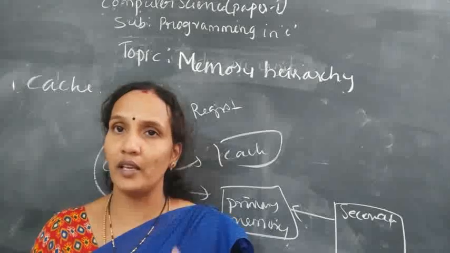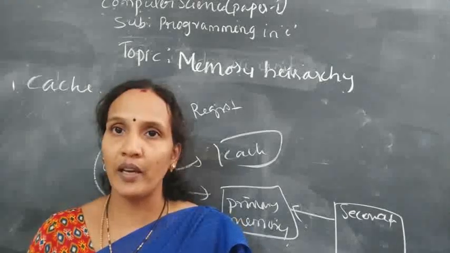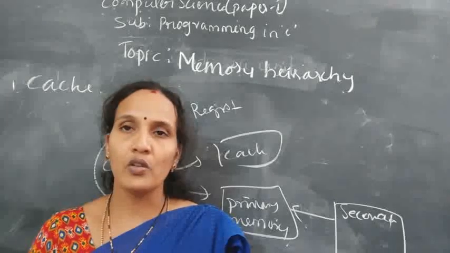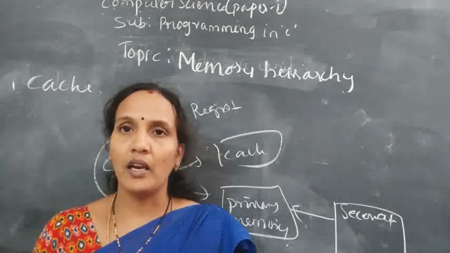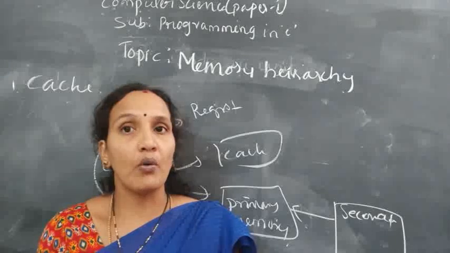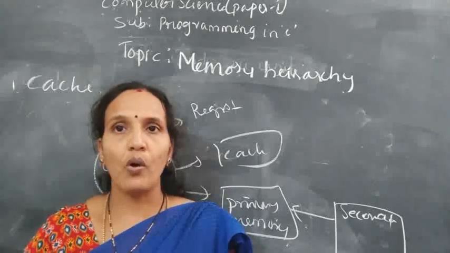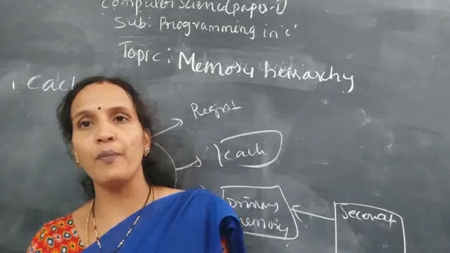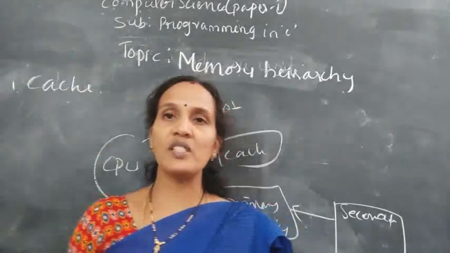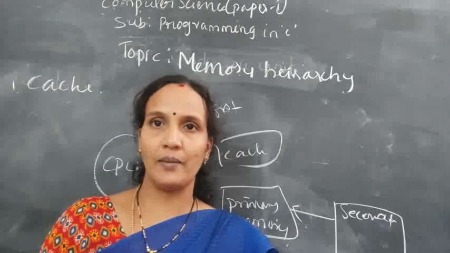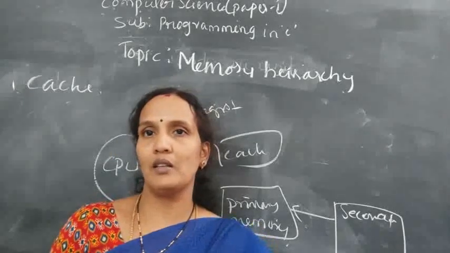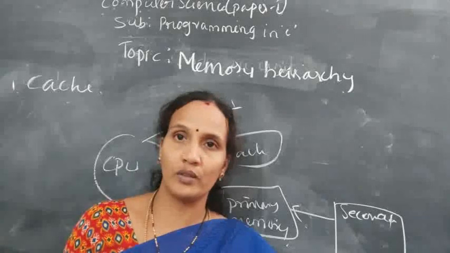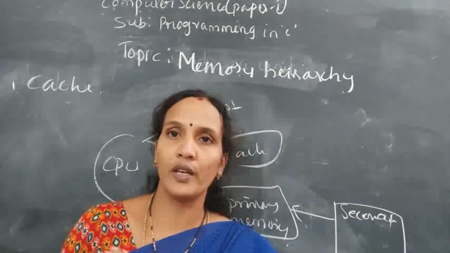Whatever code is there in the ROM is given by the manufacturer of the different input and output devices. When they design the product, the instructions about that product, meaning how to operate that product, are all given by the manufacturer, and that information is stored inside the ROM. And whenever you switch on your system, all the ROM content, meaning the software or instructions related to those products, should be loaded into your system.